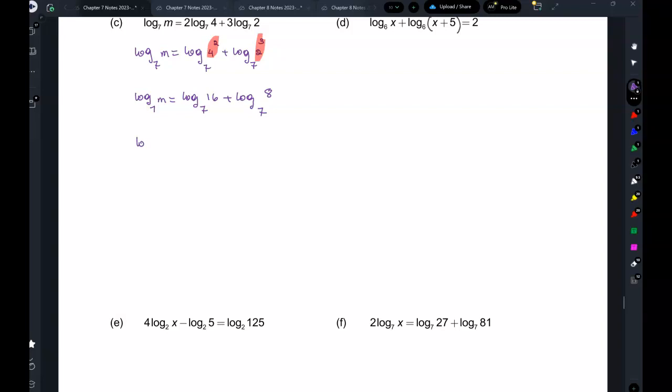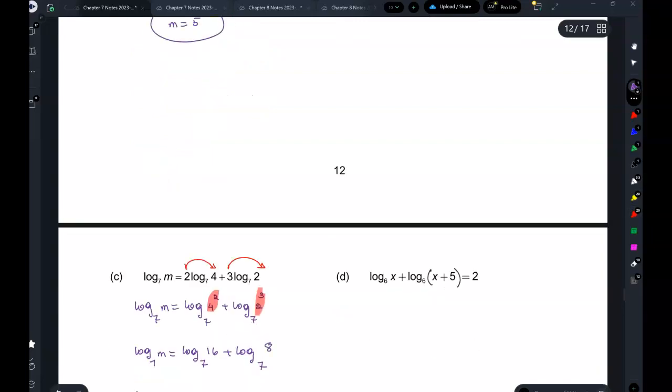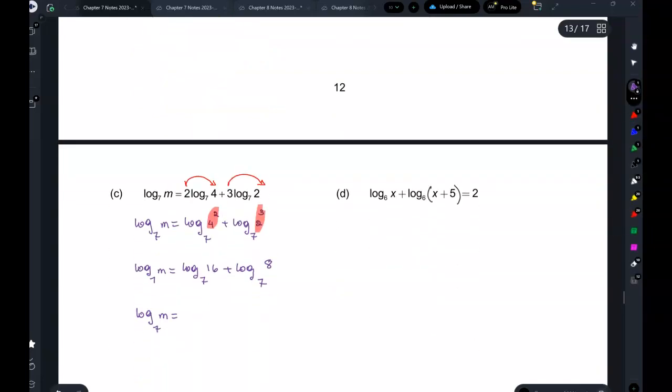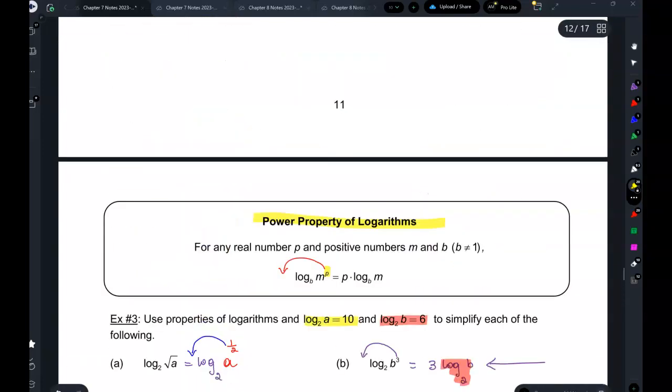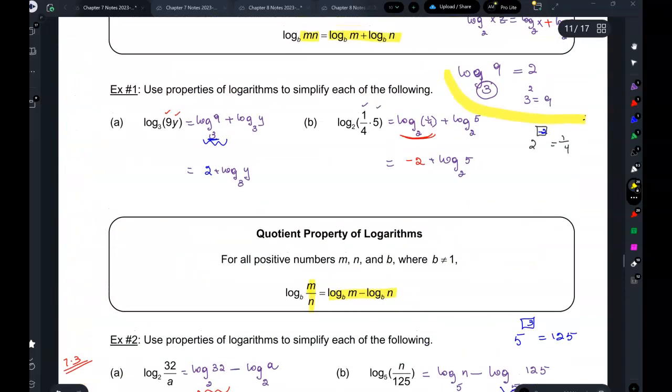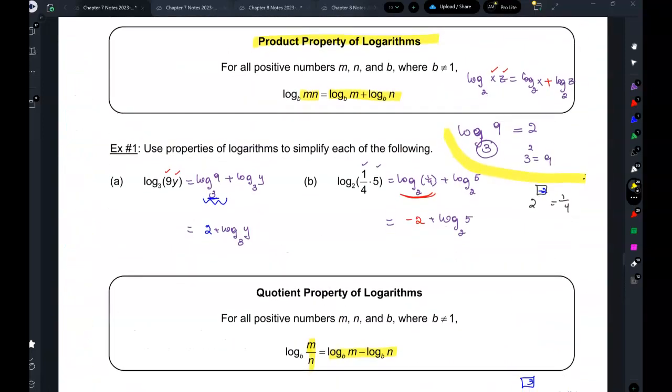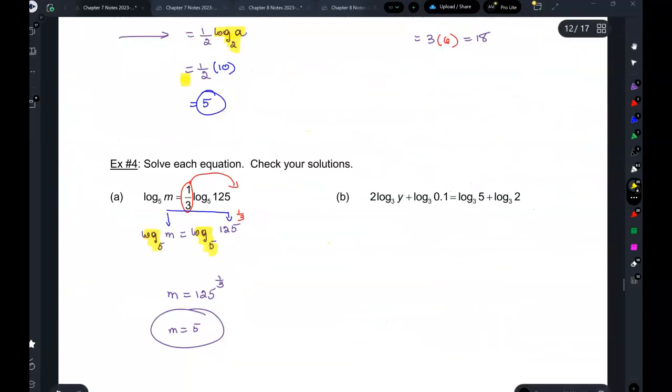Well, let's see. Log 7 of m is equal to, okay, no, not yet. Okay, I have 2 logarithms here. Are the logarithms being added or subtracted? Added. And what did we learn here? Addition, right? Does it go with multiplication or division? Multiplication.